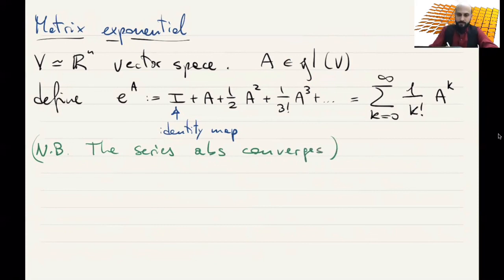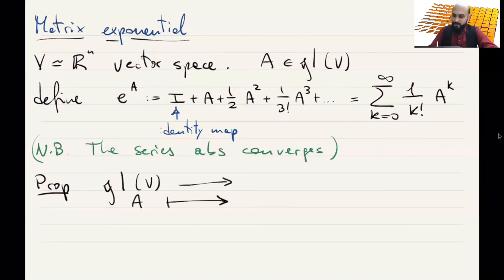And the very important fact is that the map that to every element A in GLV associates e to the A, valued in GLV. It's quite easy to show that this object is invertible. Actually, the inverse is e to the minus A. e to the minus A is equal to (e^A)^(-1).